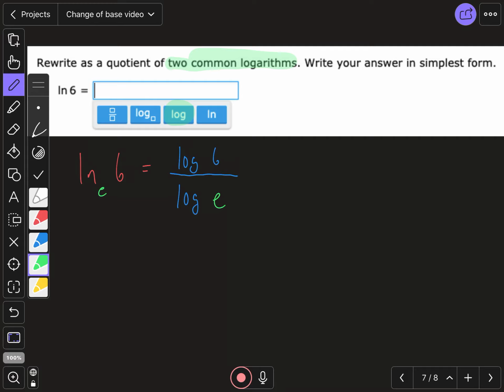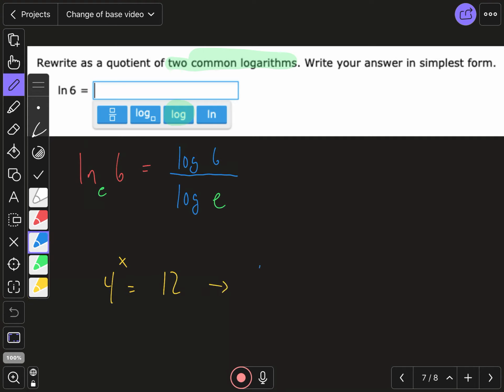Should be pretty easy. So this idea of change of base is going to be really important as we start solving equations. It's a little preview for what we're heading into. So if I tried to solve an equation like 4 to the x equals 12. So 4 to what power equals 12. What you learned from Miss O'Neill is that we rewrite this as a logarithm.